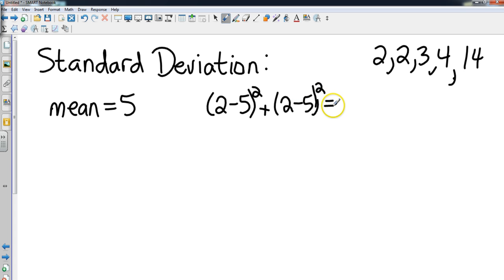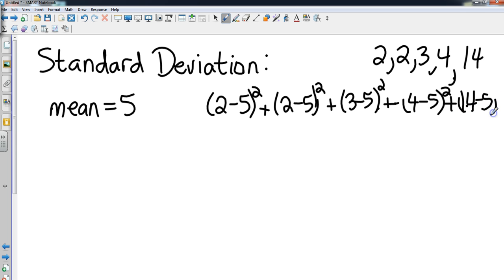Sorry, that should be a plus. Then we're going to add to that 3 minus 5 squared. And then 4 minus 5 squared. And finally, 14 minus 5.